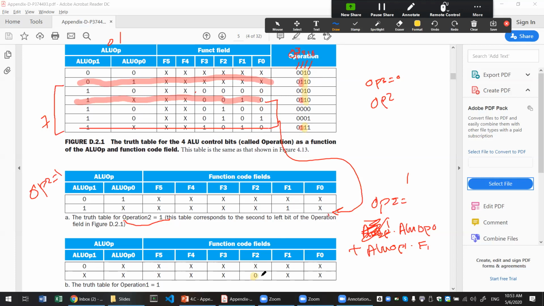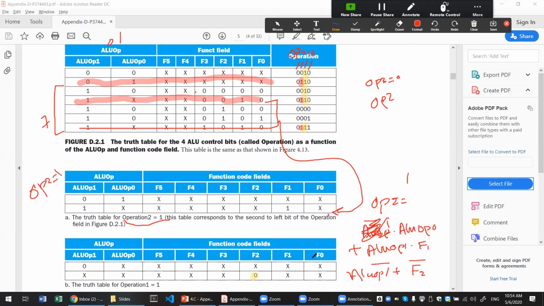Okay, for F2, the 3 lines, I put them there regardless of what all the existing values are. If F2 is zero, then I'm with the double-store. And now it becomes easy to actually write an expression that summarizes the table: ALU of 1, sorry, ALU of 1 prime or F2 prime.